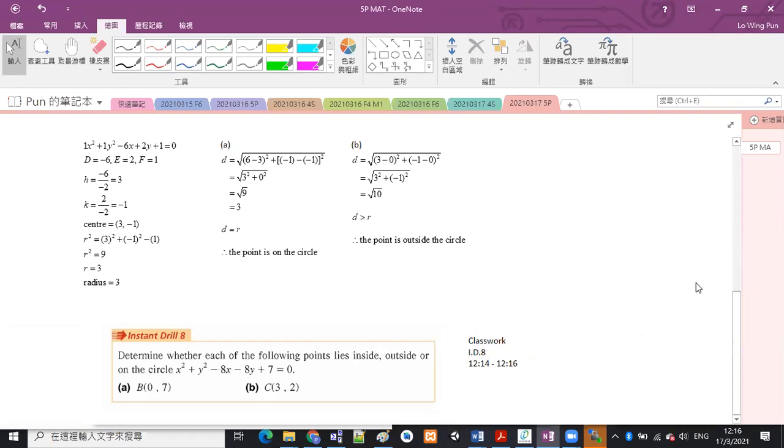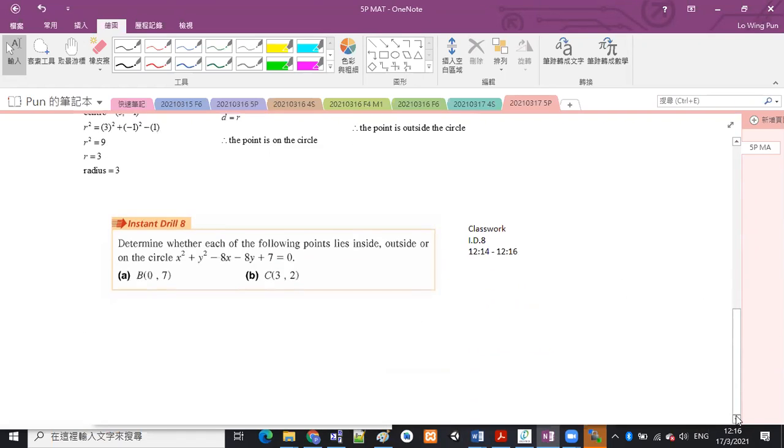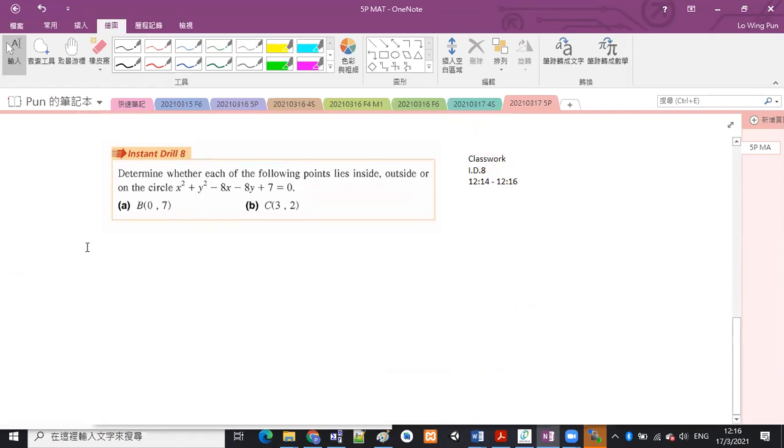Okay, let's check the answers. Determine whether each of the following points lies inside, outside, or on the circle. Same question. Because part A and part B use the same circle, before starting part A, we can find the center and the radius of the circle first.